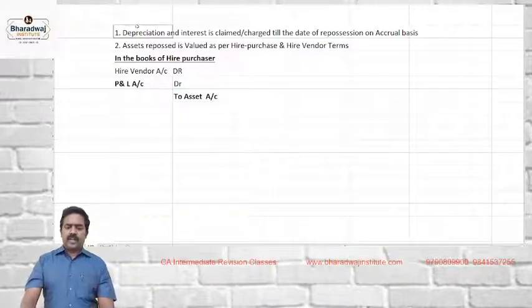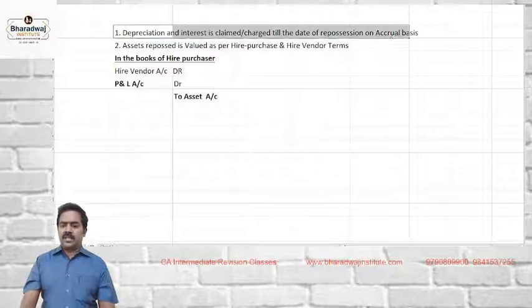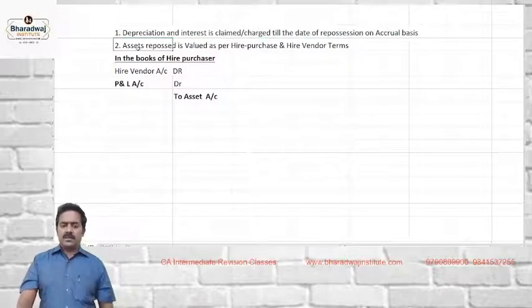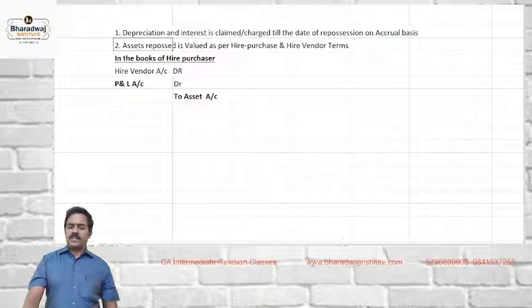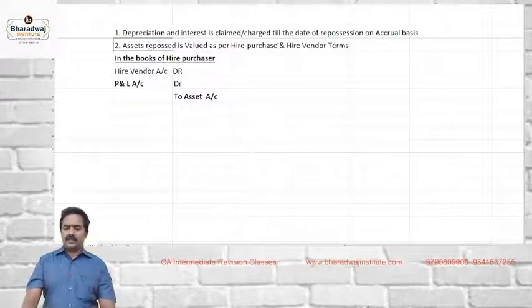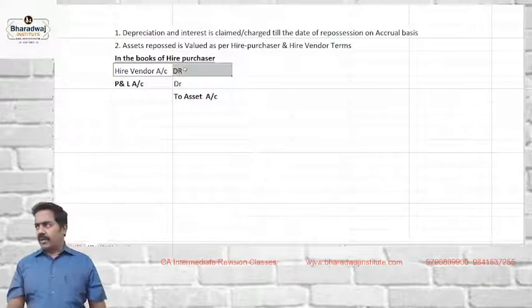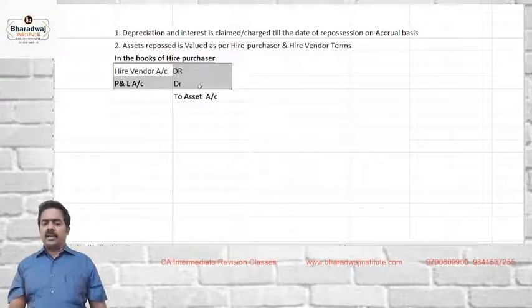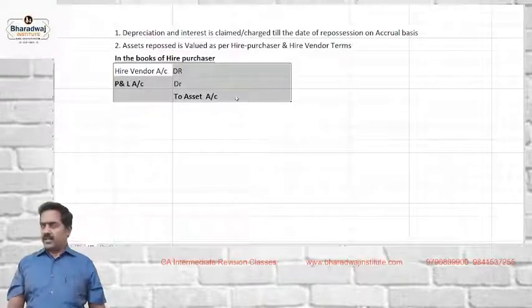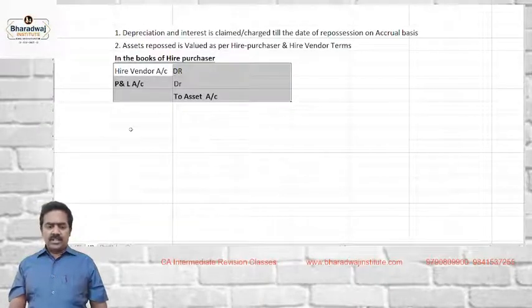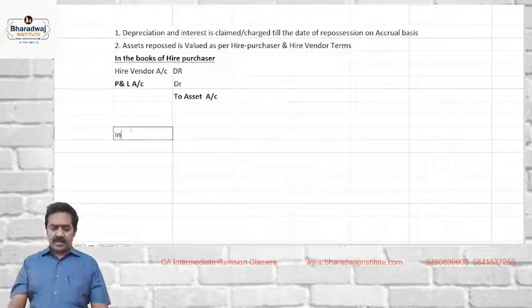So claim the depreciation and interest till the date of repossession. Then the asset repossessed will be valued as per hire purchaser and hire vendor terms. The journal entry: hire vendor account debit with the value at which the asset is taken over, P&L account debit, to asset account. This is in the books of the hire purchaser.